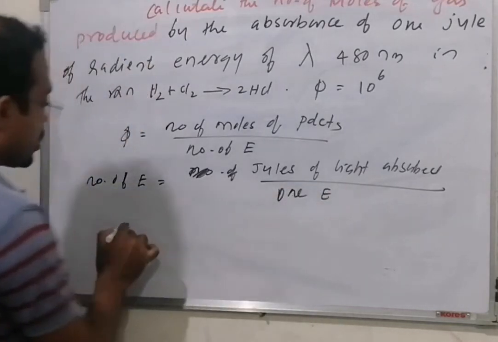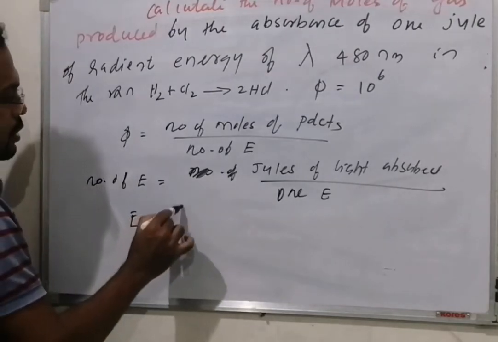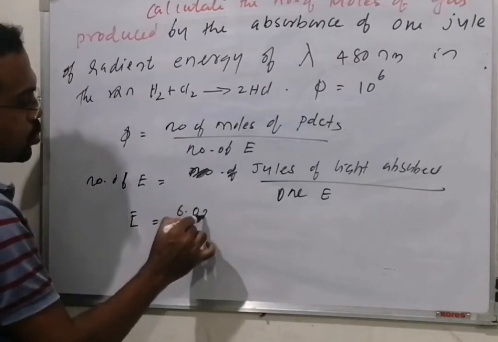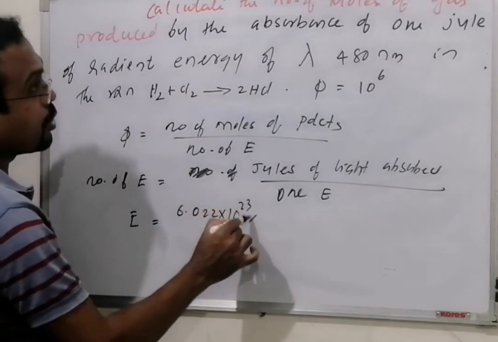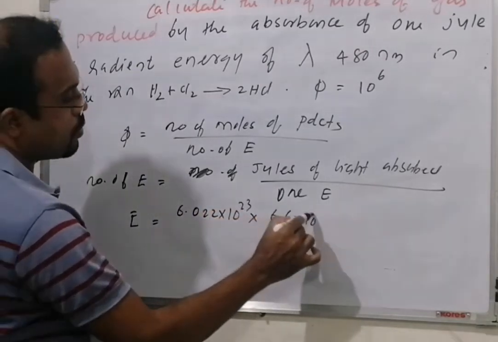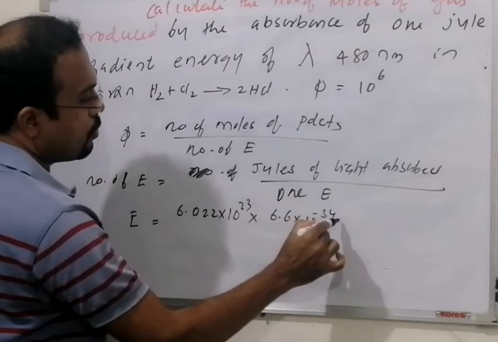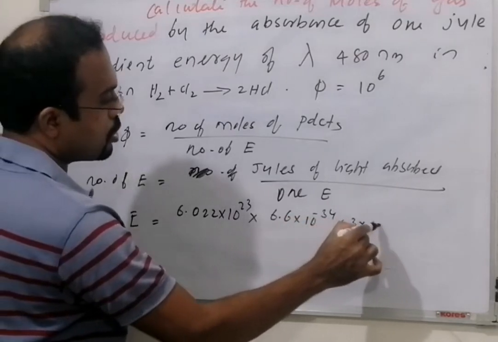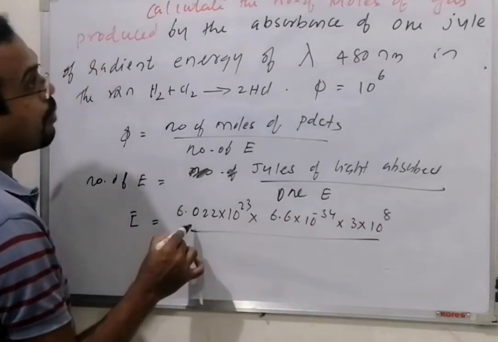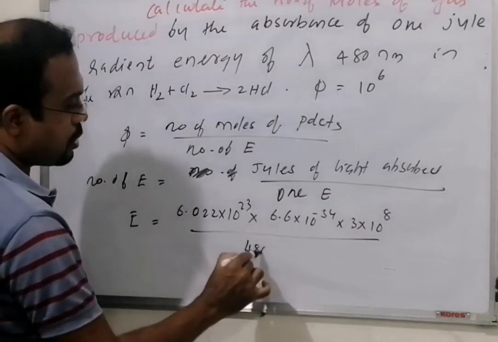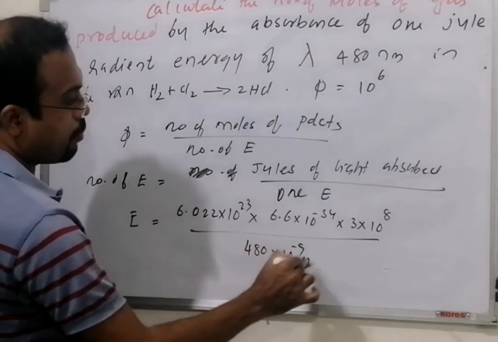Let us calculate what is 1 Einstein first. 6.022 into 10 raised to 23 into 6.6 into 10 raised to minus 34 into 3 into 10 raised to 8 divided by 480 into 10 raised to minus 9 nanometer.